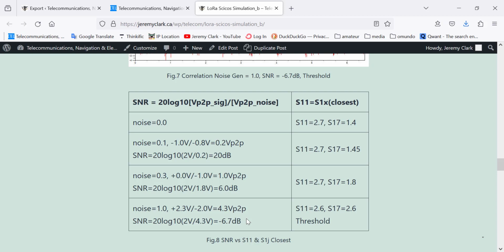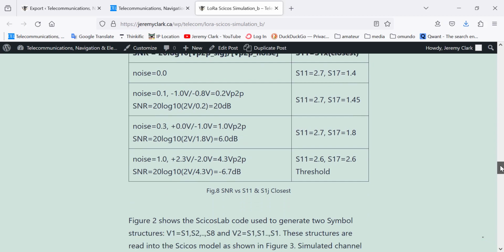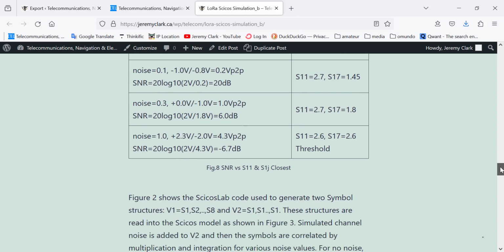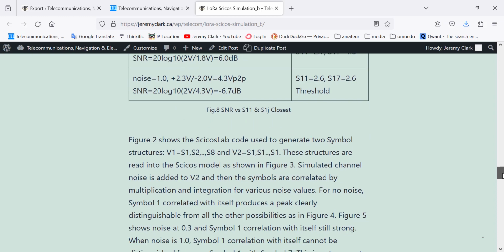If you back that up a little bit, let's say the signal to noise ratio was around minus 3, minus 4, something like that, then you could probably use it with a bit error rate maybe of 10 to the minus 3 or 10 to the minus 2 or something like that. This is not a strict BER versus signal to noise ratio test. This is just for illustration purposes.